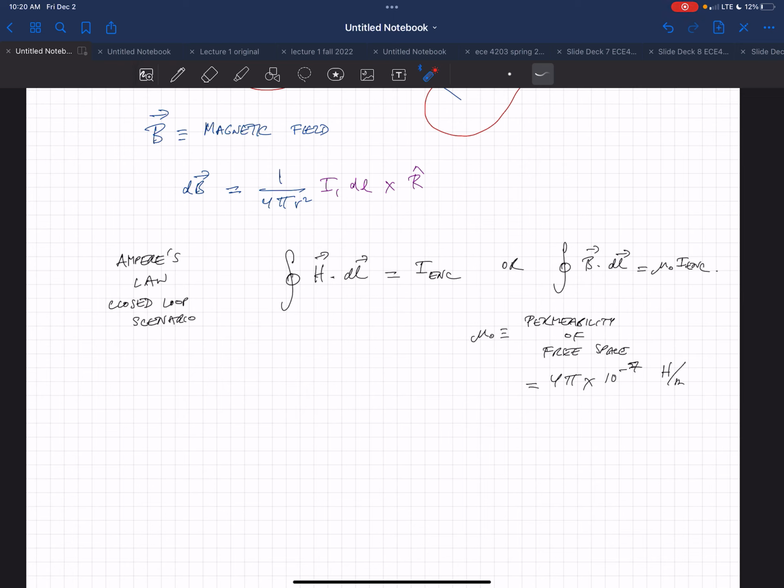Again, by the way, this integral is part of that lasso of the curl. Remember I was talking about the curl being this lasso, a line integral.